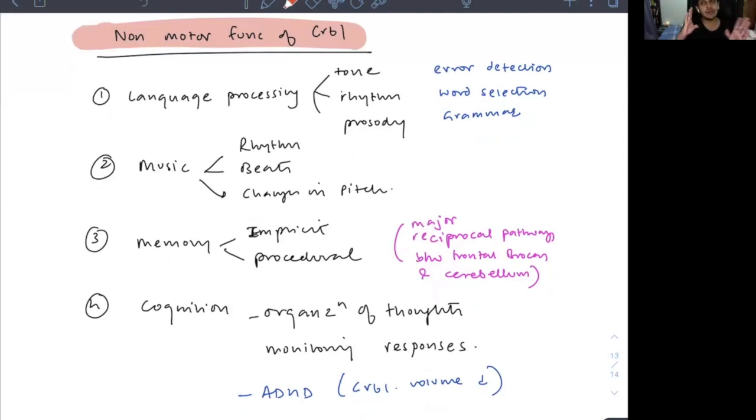It helps you both listen to music, it helps you listen to the rhythm of the music, and it helps you create music. So when you're singing, or especially when you're dancing, cerebellum controls whether you are able to keep the tone, and are you able to keep the pitch, and are you able to keep rhythm.